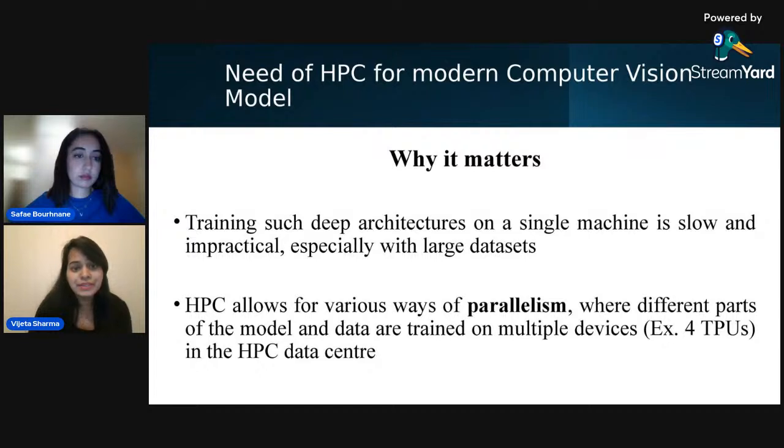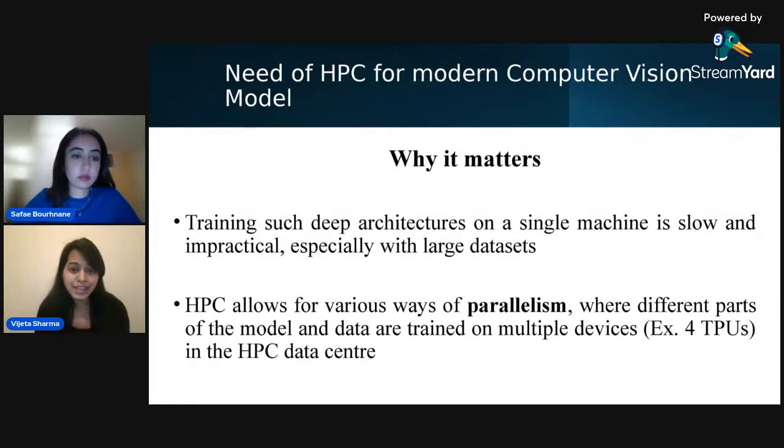Here it matters, the need of modern computer vision. Training such deep architectures on a single machine is very slow, and especially with large data sets, we cannot train them on simple machines. We have seen that there are various parallel opportunities for basic computer vision models to train in a parallel manner, and an HPC environment, an HPC cluster, lets them train in a parallel manner.